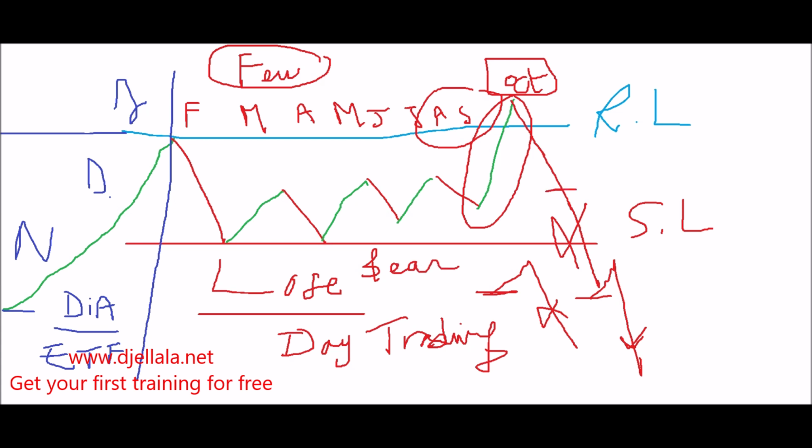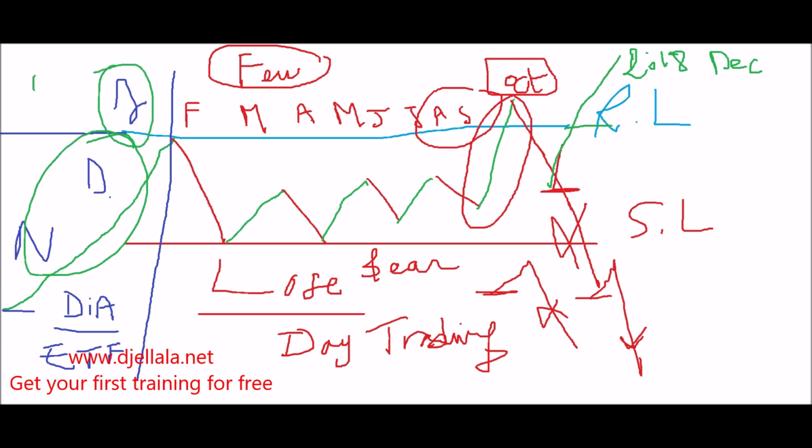Or it can stop going down and go up again, cross the resistance line and continue. If this happens before the end of 2018 in December, it means we will continue the bull market from last year or the beginning of January of this year, 2018. So this is the general idea about things in the market.